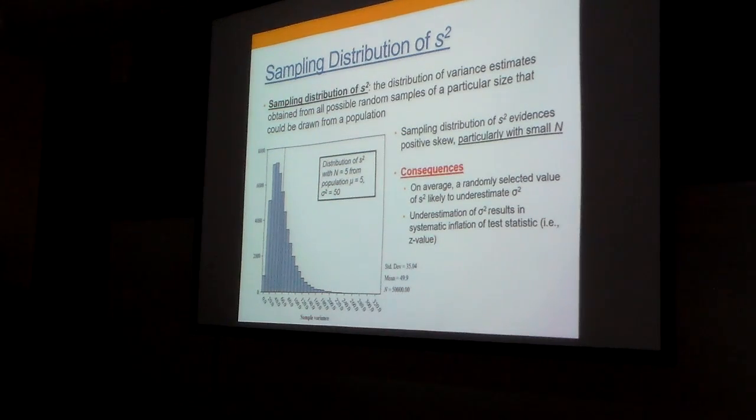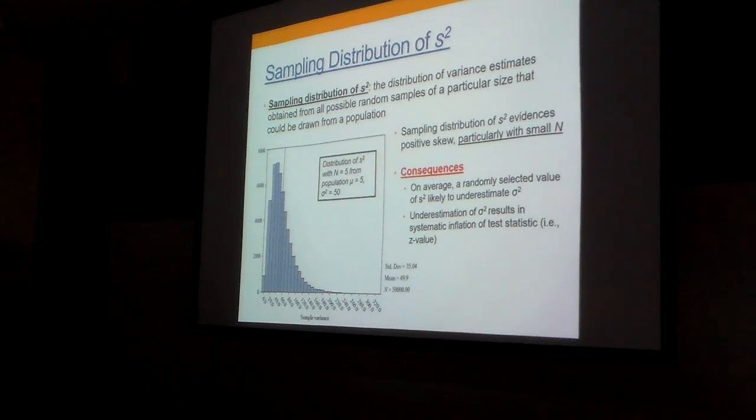If my test statistic is inflated, am I going to commit too many type 1 errors or too many type 2 errors? Too many type 1 errors. If 1.96 is my benchmark, and I'm using my sample variance as a substitute for my population variance, for any given sample this is going to be too small, which means my standard error is going to be too small, which makes my test statistic too big.